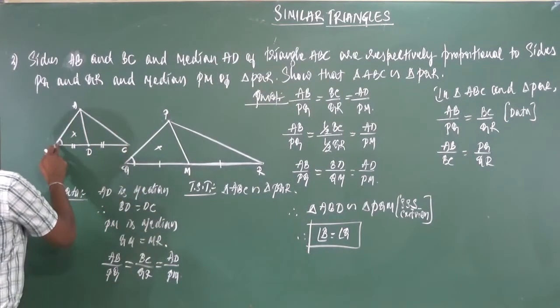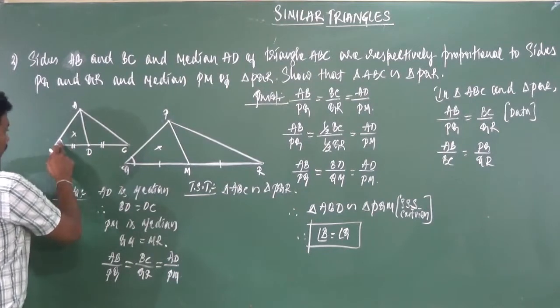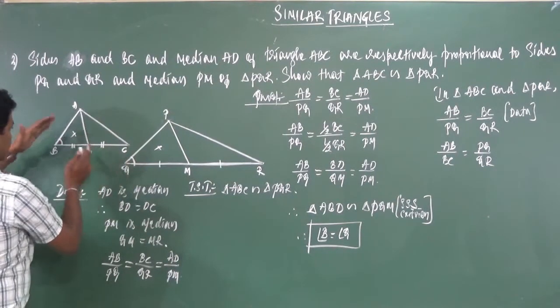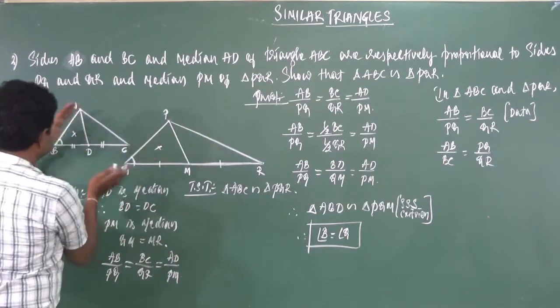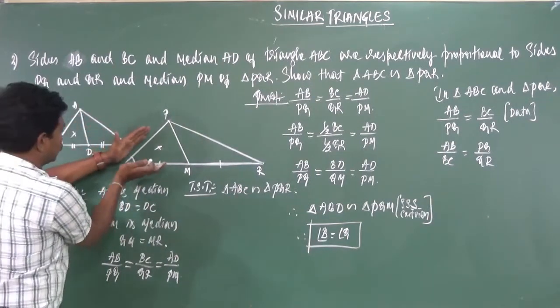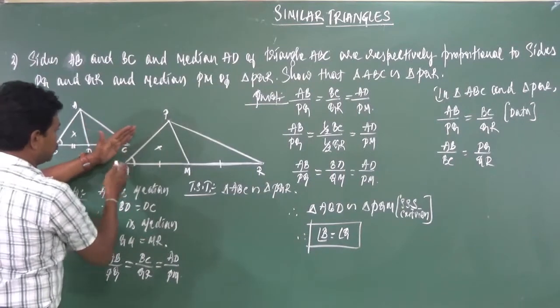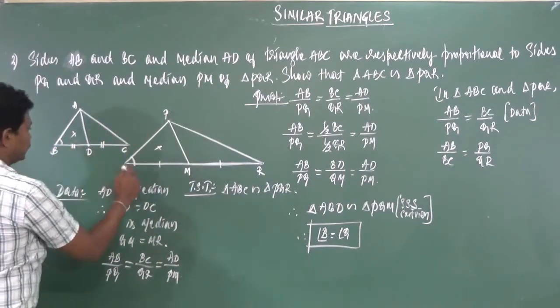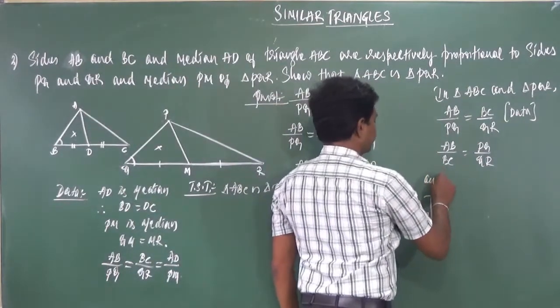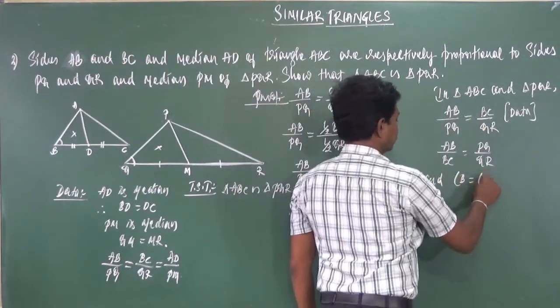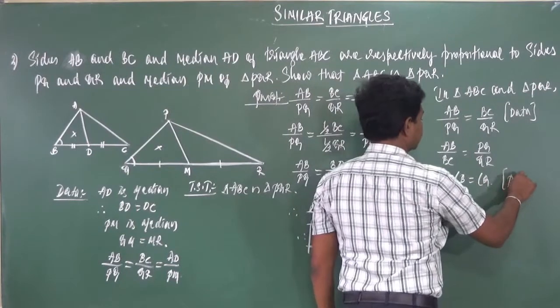So if one angle of one triangle is equal to one angle of the other and the sides including the angles are proportional, that is AB by BC is equal to PQ by QR, and angle B is equal to angle Q, so it is true.